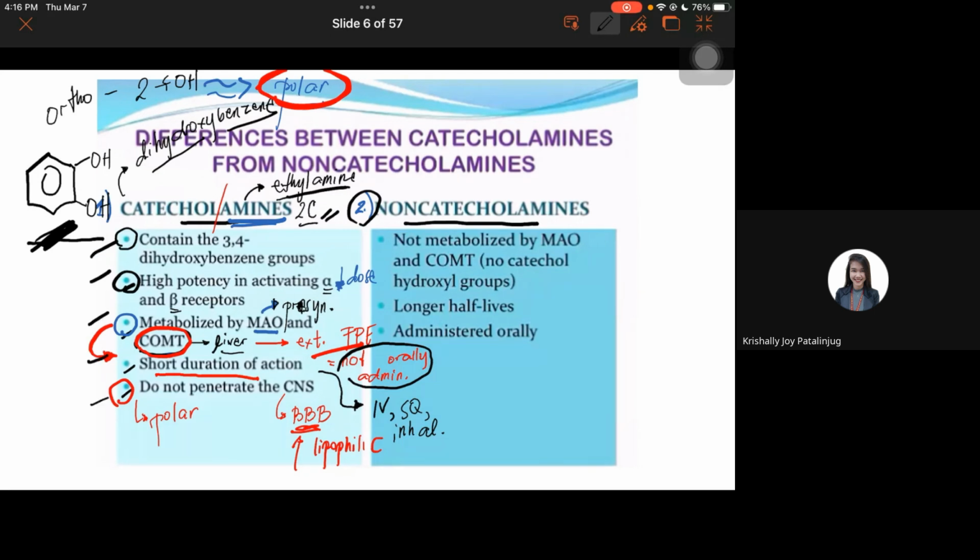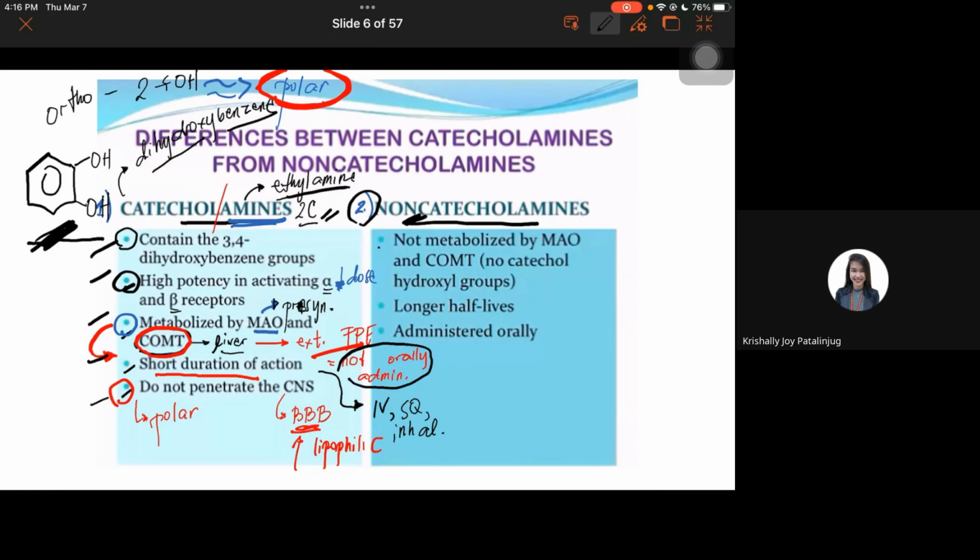Na mga written nga mga property sa left side, opposite naman yung property nila for non-catecholamines. Okay, kasi pag non-catecholamines, walang catechol or walang ethyl amines sa structure.